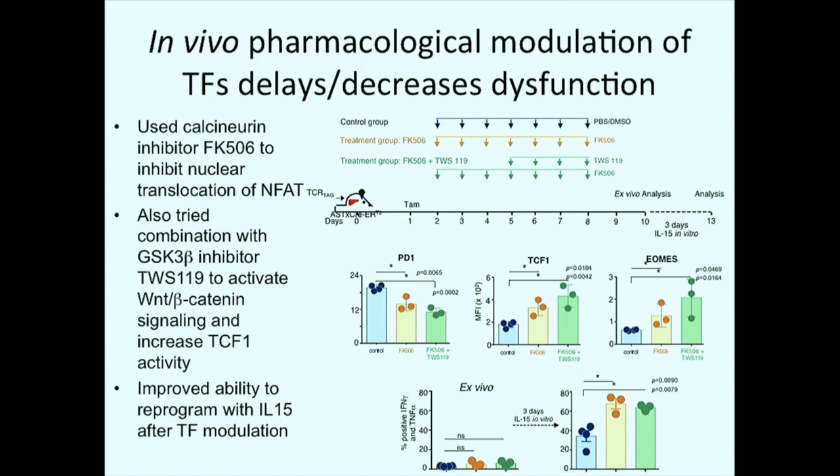Broadly speaking, what's going wrong is we have too much activity of NFAT family transcription factors early, and then later we have a loss of activity of TCF family transcription factors. So they tried 2 drugs. They first tried a calcineurin inhibitor that inhibits nuclear translocation of NFAT, so it reduces the activity of NFAT.